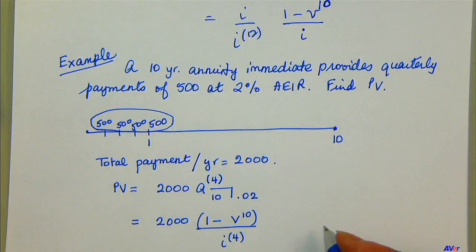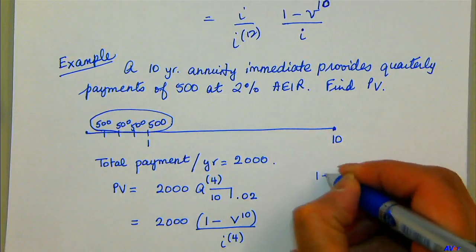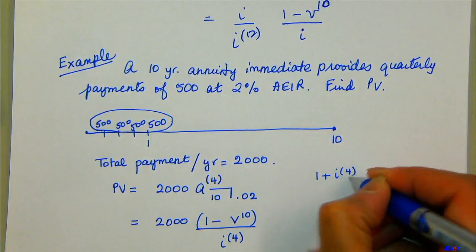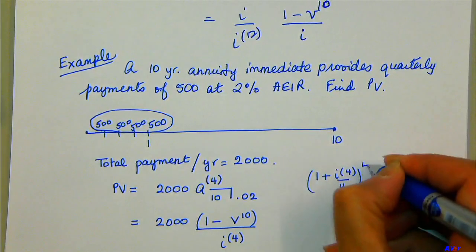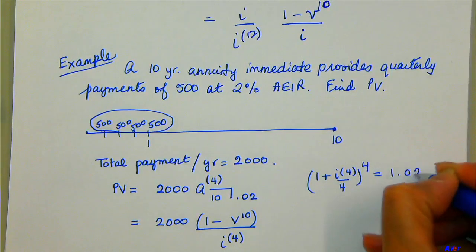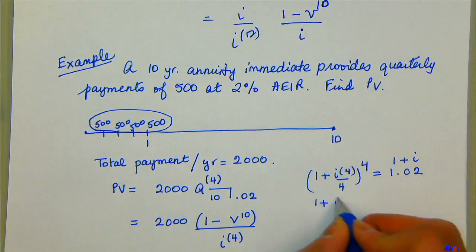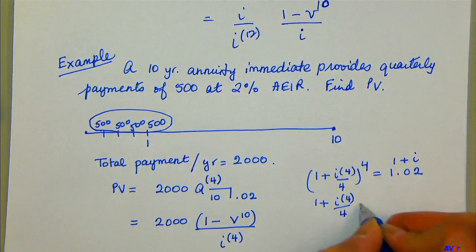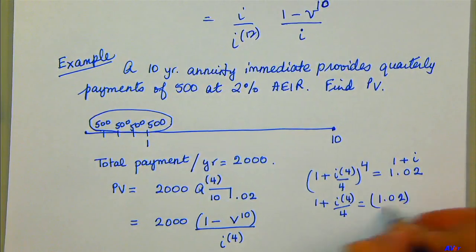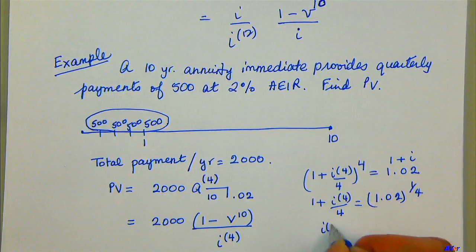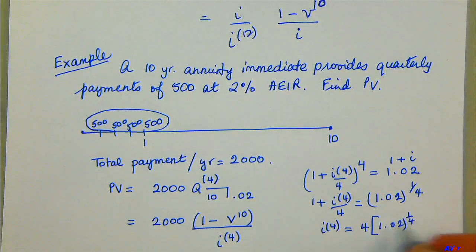So I have to find i^(4), right? So (1 plus i^(4)/4)^4 equals 1.02, which is 1 plus i. So 1 plus i^(4)/4 is equal to 1.02 to the 1/4, and i^(4) is equal to 4 times (1.02^(1/4) minus 1).